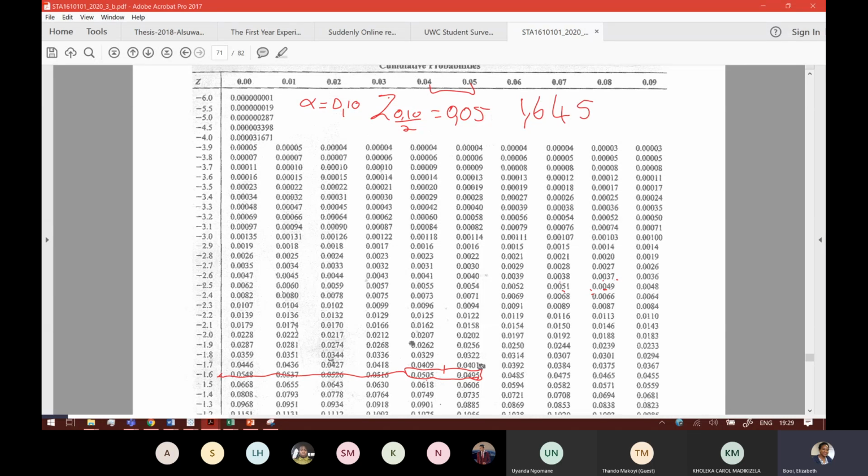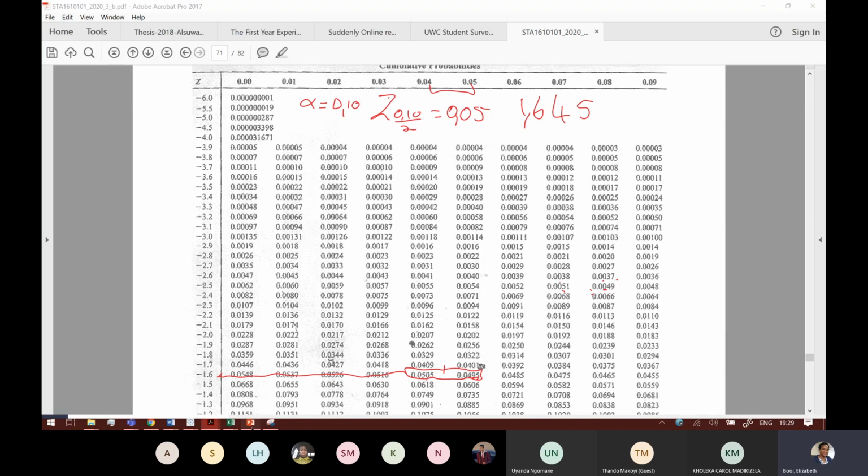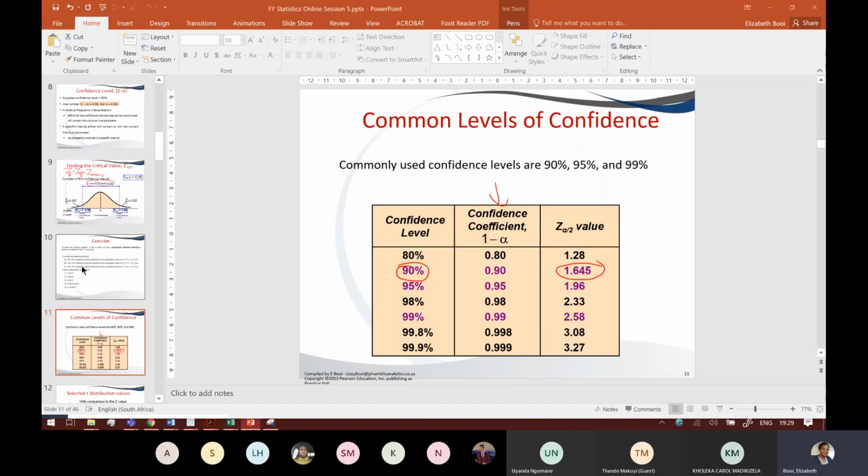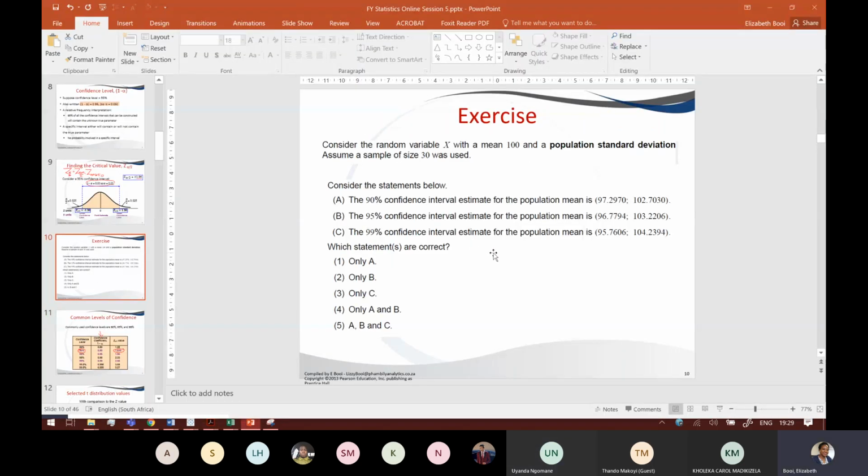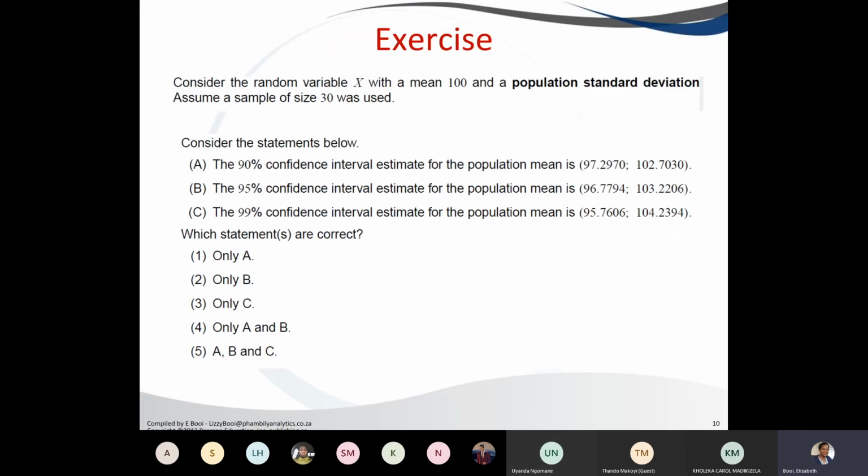For 10% or 90% confidence intervals, we use 1.645. You will always use that. So it means on this question, if it was given in the exam like this, your critical value will be 1.645.